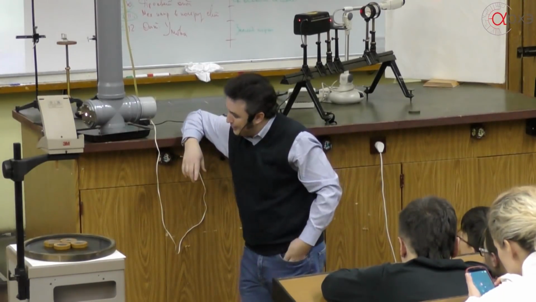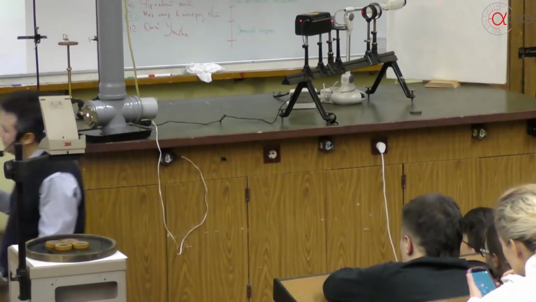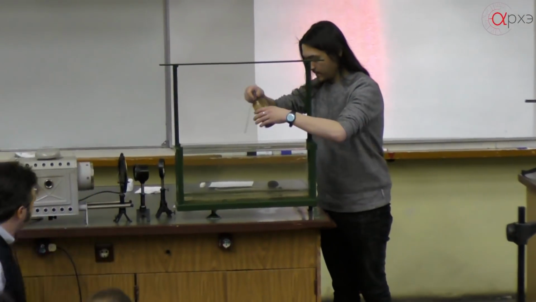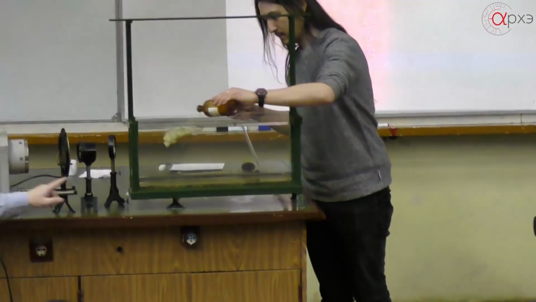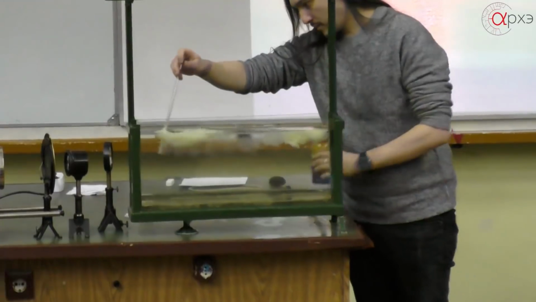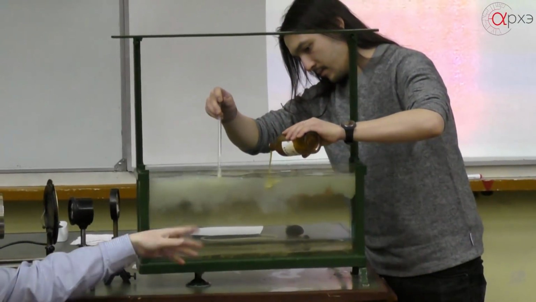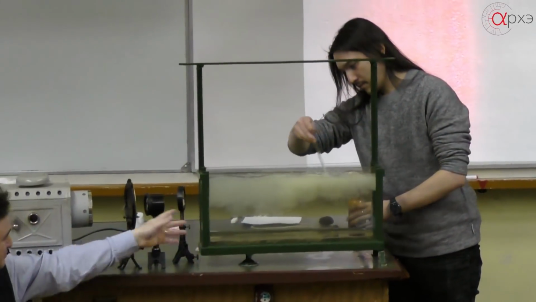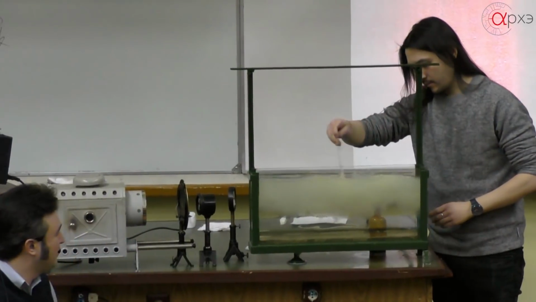Now, let's see what happens if we shine light through this aquarium again. So the light will be provided by this projector, but we add a little bit of things. Well, whatever this solution is, it creates a little bit of opacity in water.